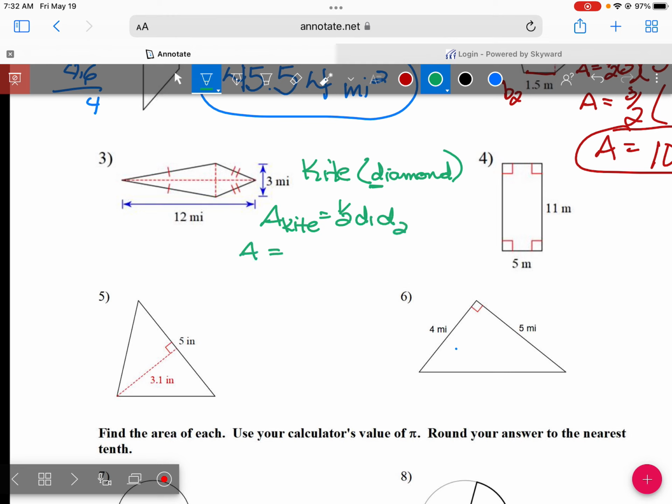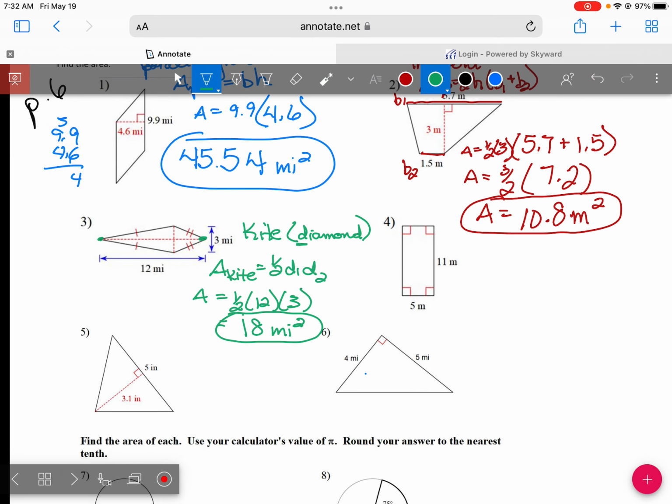So these are the diagonals. They go from one vertex to the opposite vertex. So we have 1/2 times 12 times 3. And that should give us 18 miles squared. That is our kite or diamond.